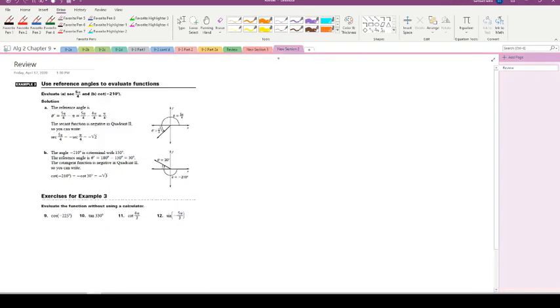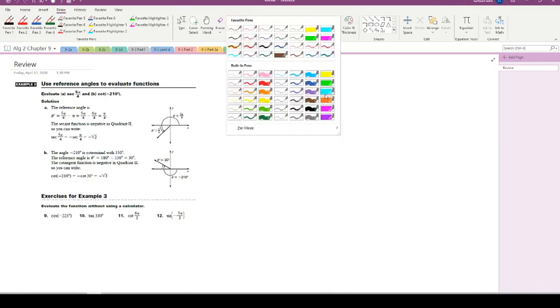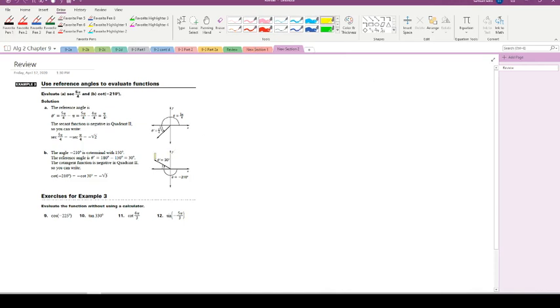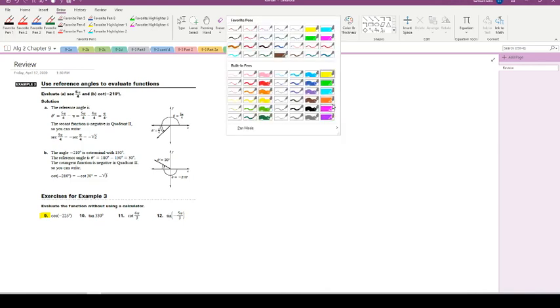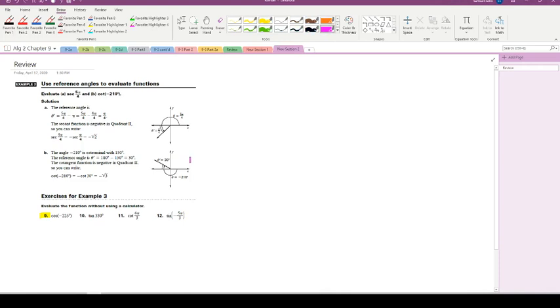Okay, now we're down to the last part. Now let's use the reference angles to evaluate functions. Here we're going to do example number 9 and example number 11.